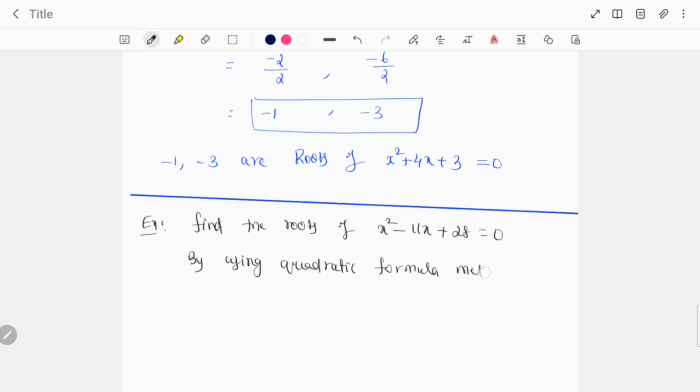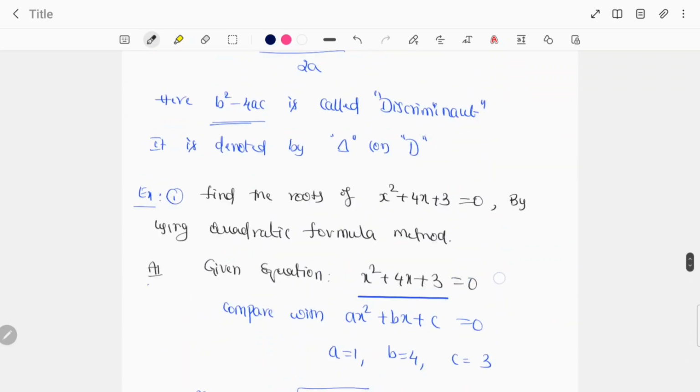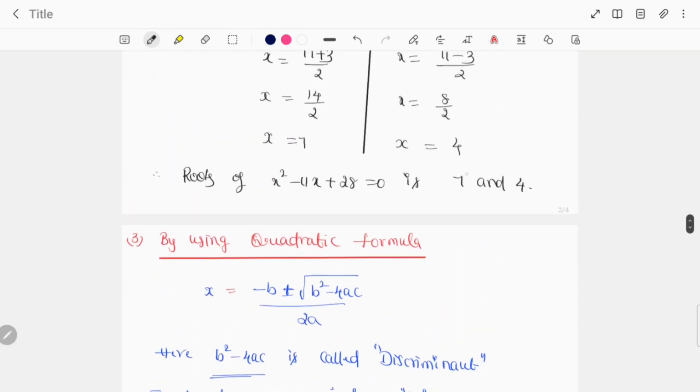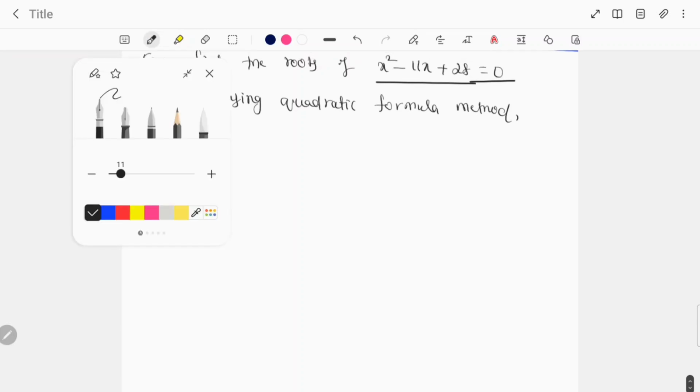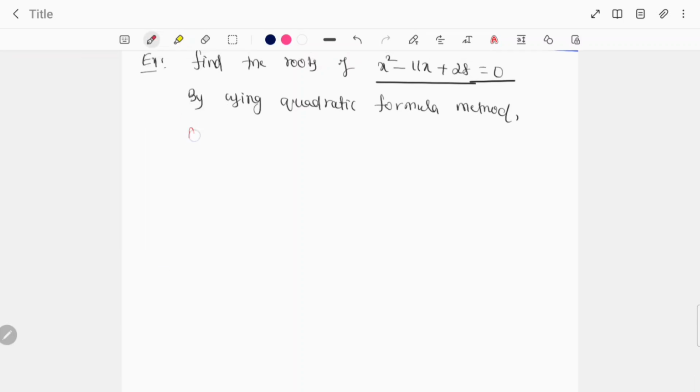Why I am giving this question: I already took this equation by using the completing square method, and I got answers 7 and 4. So if you try by using the quadratic formula method, you must also get the answer 7 comma 4 only. So just try this question on your own if you understand.